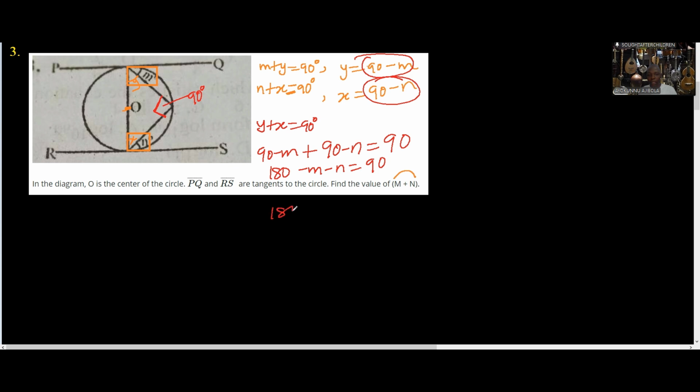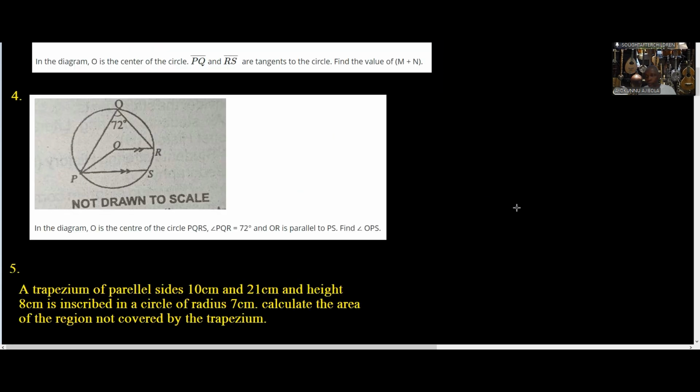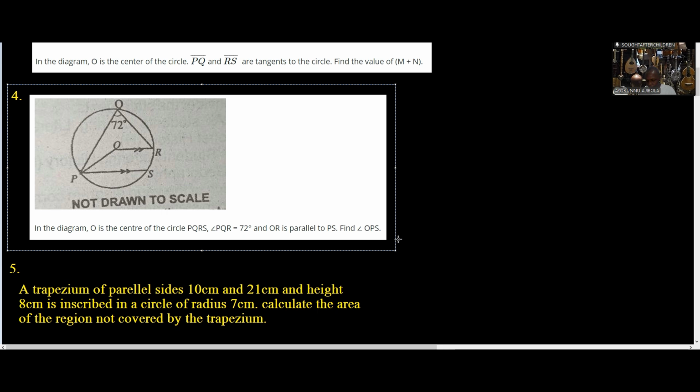Then 180 minus 90 equal to m plus n. So 90 equal to m plus n. Therefore, m plus n equal to 90 degrees. Is that clear? Yes, sir.